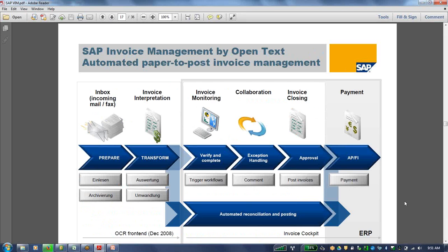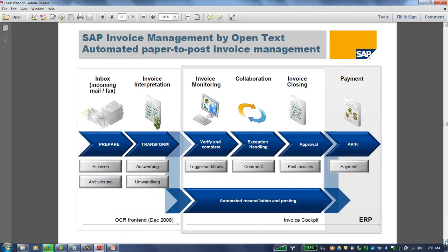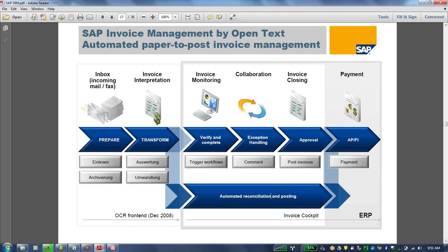Okay, this is another good slide, I think. We talked about once everything is scanned, it comes into the inbox. You do your preparation. You do the interpretation of the invoice. You transform the paper invoice. You do the invoice monitoring. It's like a cockpit, verify and complete. It triggers the workflows, how it needs to be routed. Exceptions will be routed to one person.